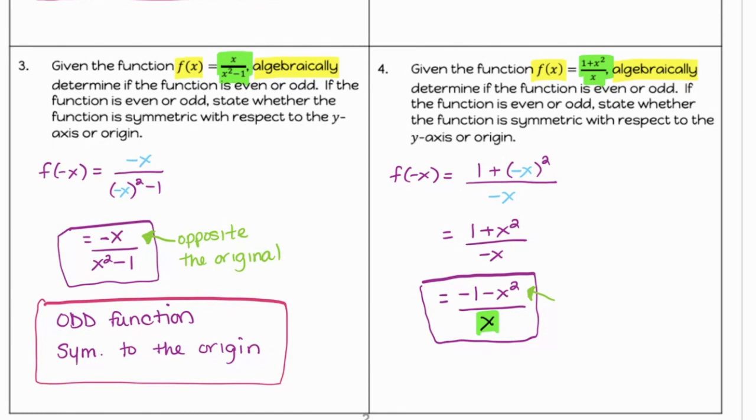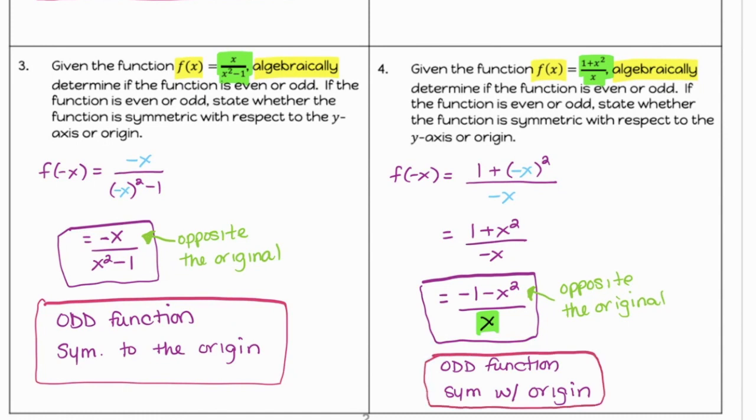Originally, I had a positive 1. Now I have a negative 1. So that's opposite. Originally, I had a positive x squared, and now it's a negative x squared. Also opposite, which means that this is opposite the original. All those signs from the numerator changed, which tells me that we have an odd function. And if I have an odd function, it's symmetric with the origin.